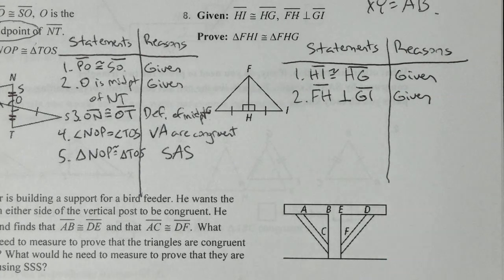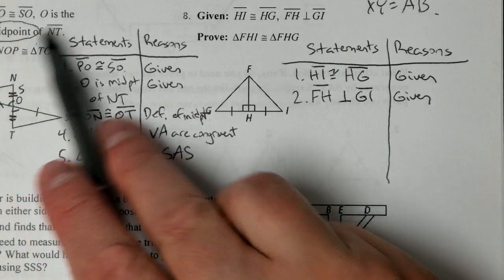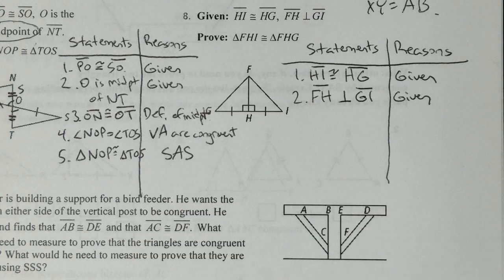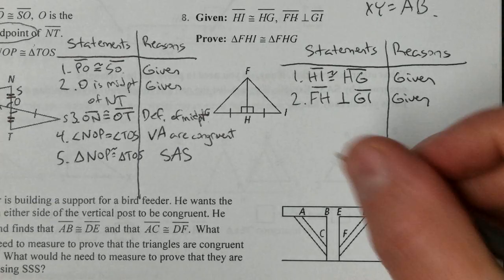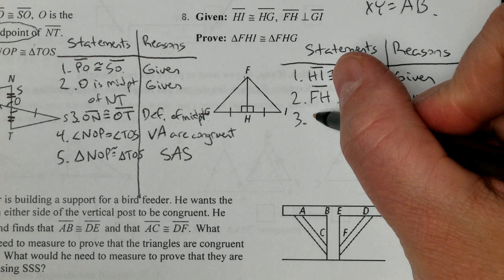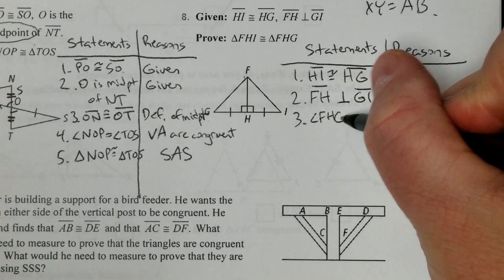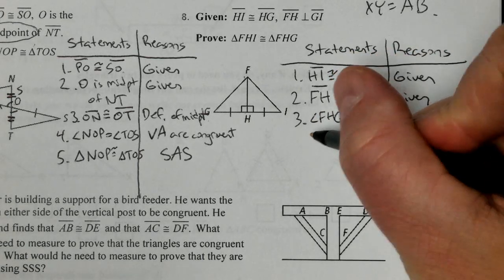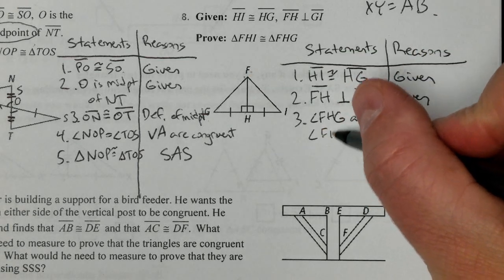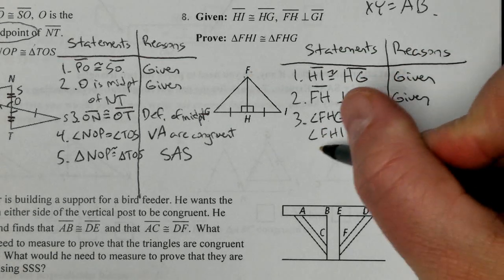So what's a little different on this one compared to the others is the other one had midpoint, this one has perpendicular. So you have to go back to what we know about what perpendicular means. So what it means is angle FHG and angle FHI are right angles.